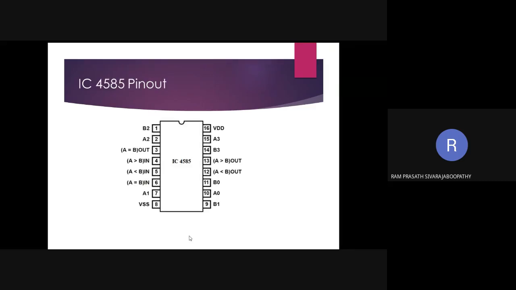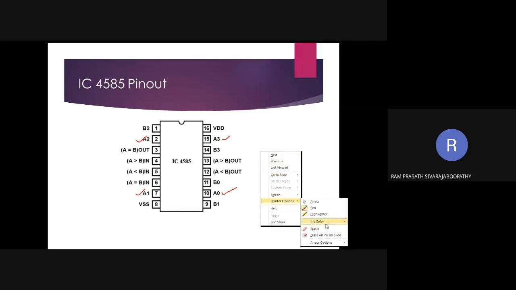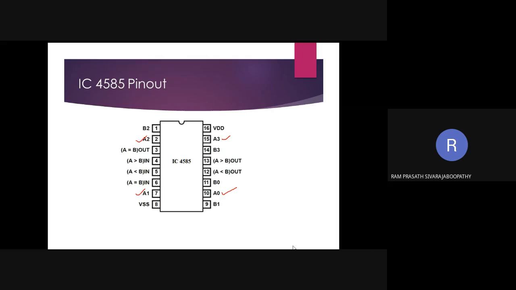You can see data A: A3, A2, A1, A0, 4 bits for data A. Similarly for B we have B3, B2, B1, B0.